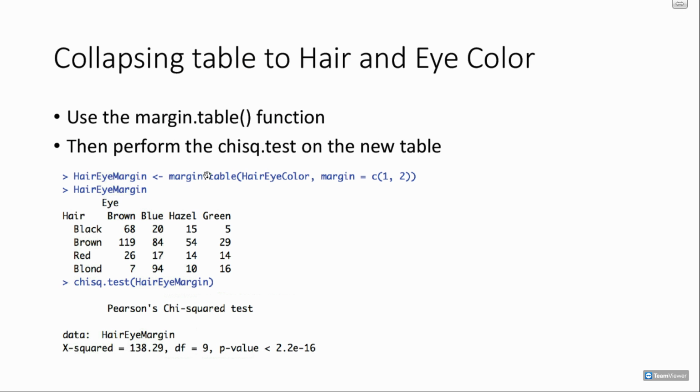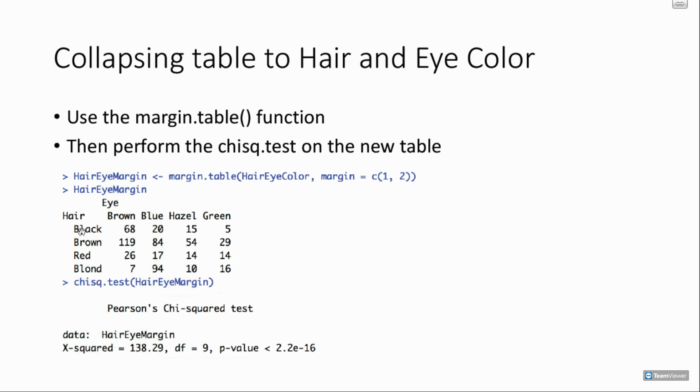In order to use a chi-square test, we reduce that using margin.table to just one or two of these columns. So I'm using 1 and 2, which is just the hair and eye color, irrespective of whether they are male or female. We create this matrix where we have hair color: black, brown, red, blonde; and eye color: brown, blue, hazel, and green.